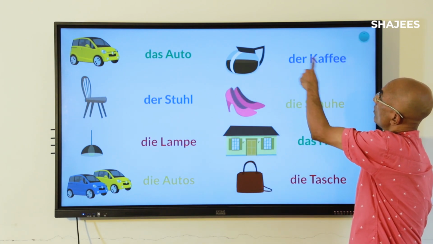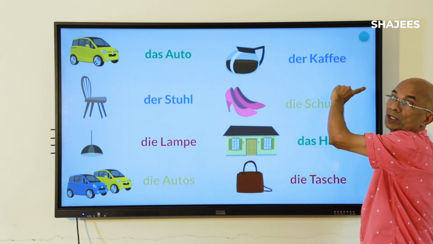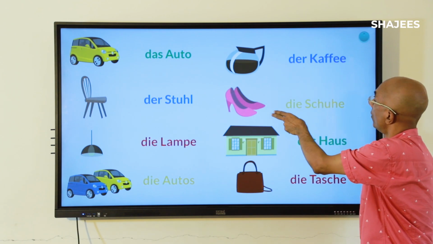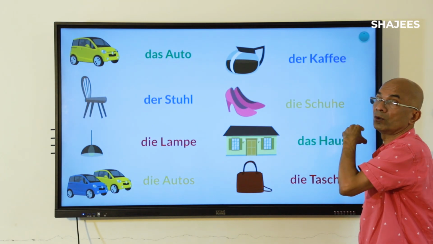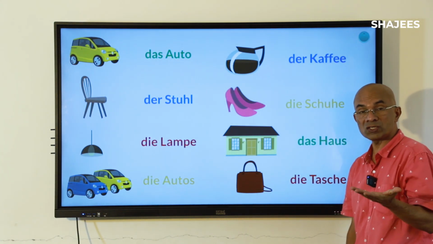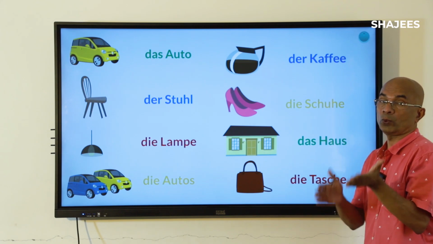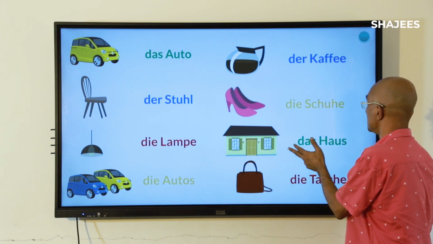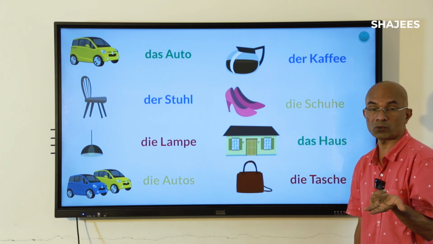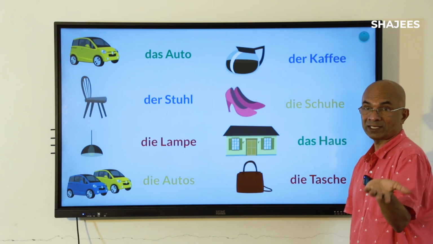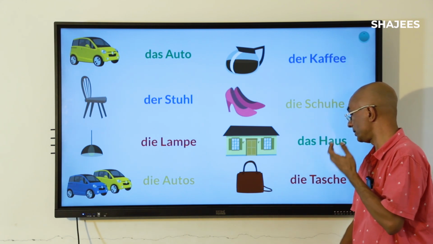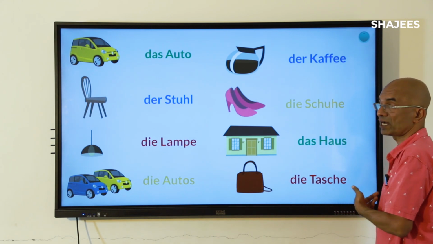And here the Kaffee, mein Kaffee, dein Kaffee, all these things. Or these Schuhe, okay, meine Schuhe, deine Schuhe, unsere Schuhe, okay. Das Haus, das ist mein Haus, okay. That's dein Haus, your house, my house, all this. The Tasche means bag.